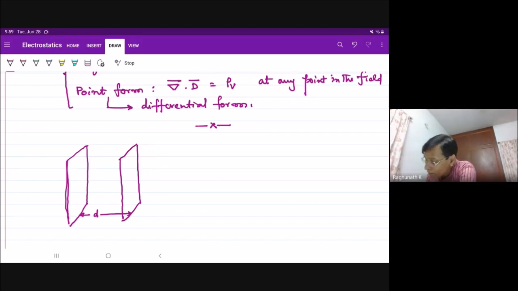One having positive charge of Q coulombs on its surface, practically possible. One having an equal amount of negative charge on the other plate.